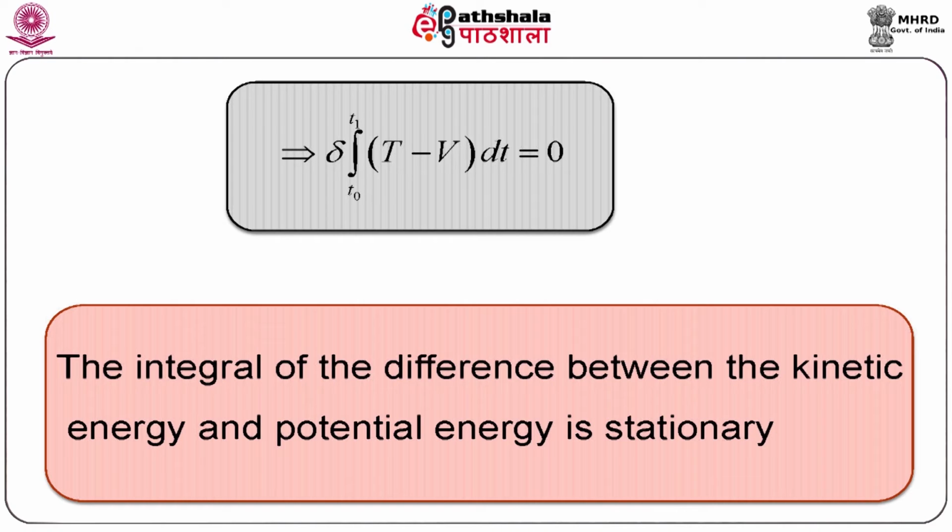This can be interpreted as follows: the motion is such that the integral of the difference between the kinetic energy and potential energy is stationary for the optimum path compared to the neighboring paths between the same terminal points.